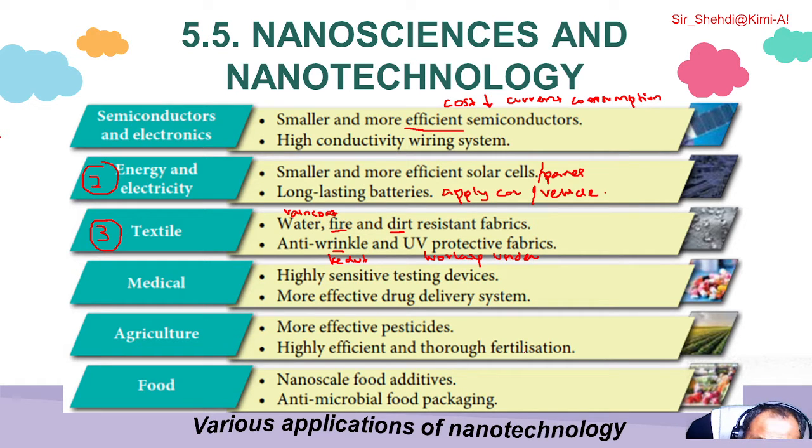This one we already learned during Form 4 chapter 8, fertilizer, how we can make your soil more fertilized. The last one from 1, 2, 3, 4, 5, 6 is your food. Nanoscale food additive. Additive is your bahan tambah.